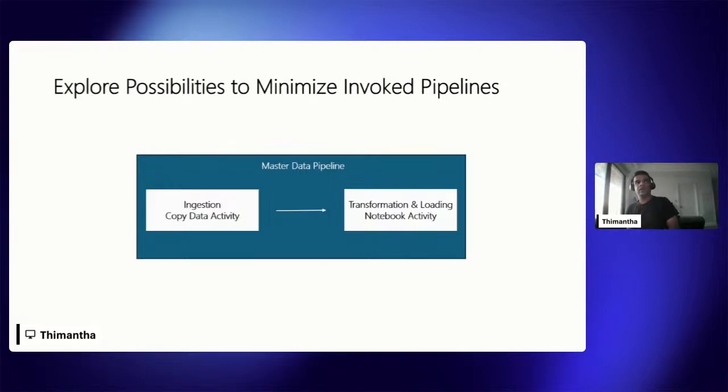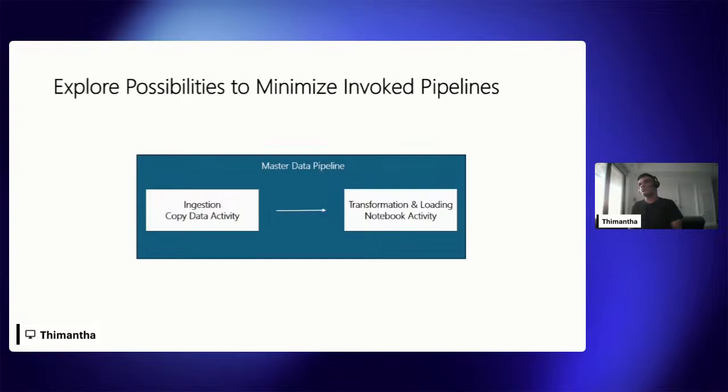There can be very complex situations where you have a complicated amount of pipeline activities that simply doesn't help you, or that would make minimizing pipeline invokes very challenging, right? But this is an approach that you can try, which would eventually minimize the number of pipelines, right?